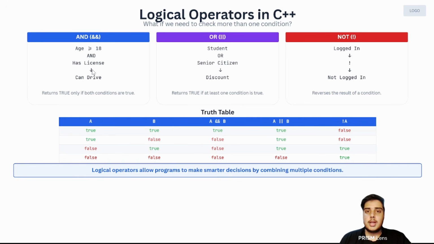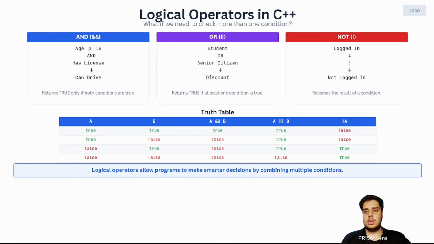Where the word "and" comes, we use the double ampersand sign, and it returns true only if both conditions are true. Whereas for OR, student or senior citizen, then the discount will be given, which means either of the conditions needs to be true for the answer to be true.